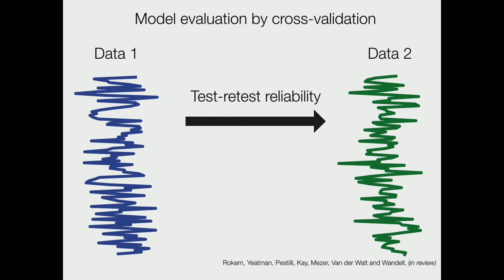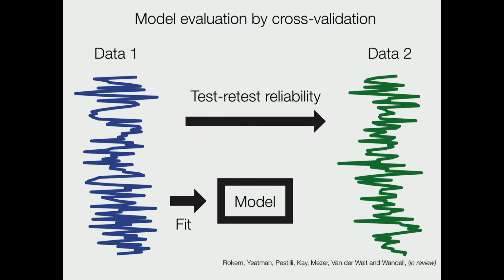And we can compare it to the same voxel, same location in the brain, measured again with the same 150 directions, and just ask how reliably does this measurement repeat itself on subsequent measurements. We can compare that to another estimate, which is we take this data, we fit a model to it, and then we take this model and we try to predict the subsequent data. This is called cross-validation. And we can compare test-retest reliability to how well the model does in cross-validation.